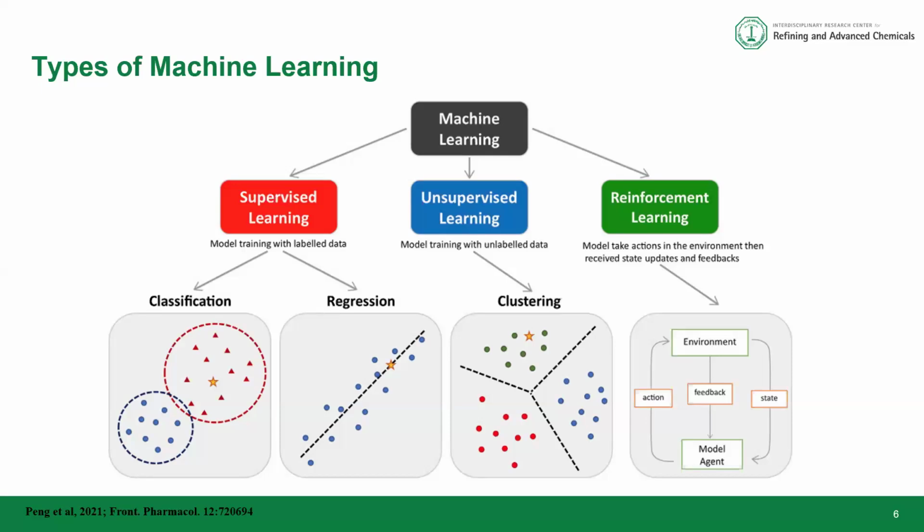And then the reinforcement learning looks at the environment, what is happening in the environment, and it receives updates and feedback, which can be in the form of rewards or penalties. And then it updates the system, and it continues until a satisfactory outcome is achieved. So these are the various types of machine learning.